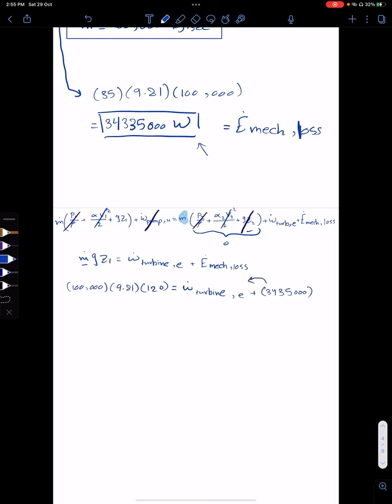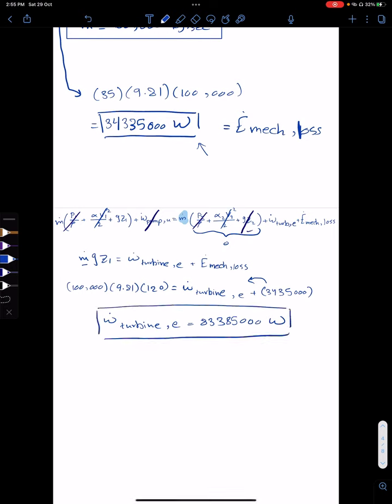So going this way, W dot turbine E should be 83,385,000 watt.